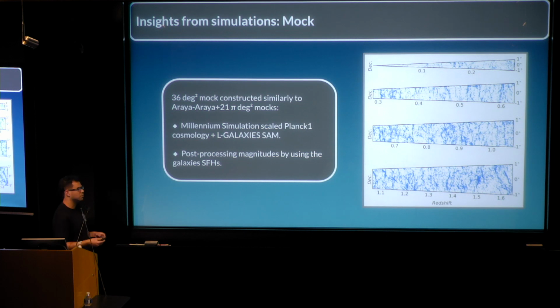Millennium is just a dark matter only simulation, and then we run L-Galaxies to populate those dark matter halos with galaxies. The idea of the mock is to have simulated data that tries to emulate observations as much as possible. As we can see, it's like a lightcone and not a moving box in different snapshots. We try to construct a fake observation, basically an automatic catalog.